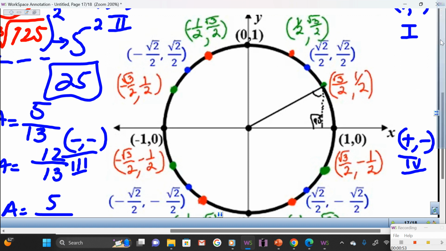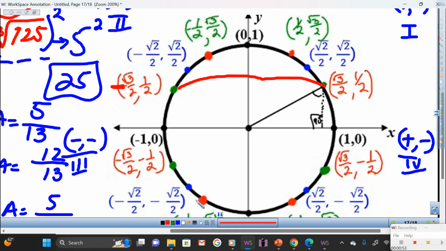Check this out. If we start off with the red one, square root 3 over 2, comma 1/2. Well, if we reflect that to the other side over here to quadrant 2, it's the same values except for, what do we know about quadrant 2? That the x becomes what? Negative.